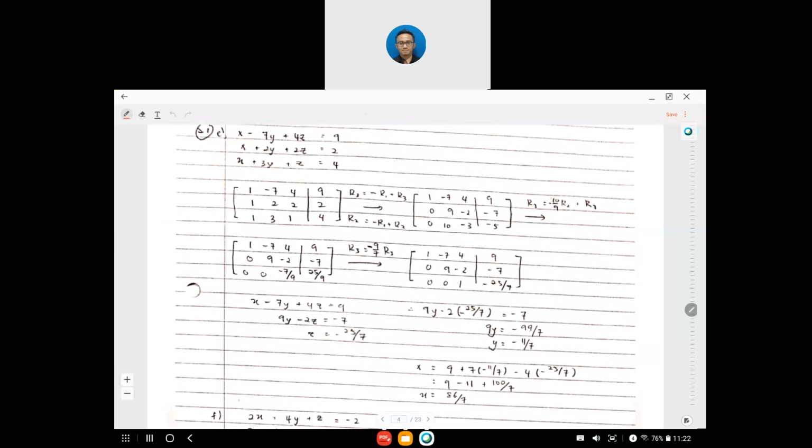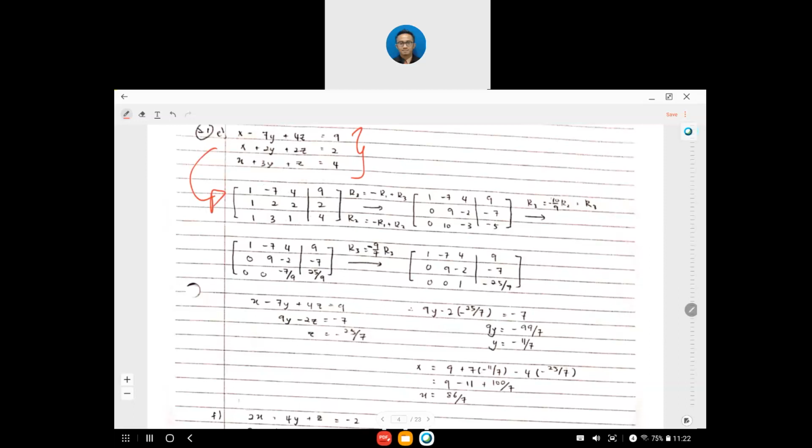Okay, question E, also the same thing. In terms of what we call a linear system, in terms of matrix, you can get 1, -7, 4, 9, 1, 2, 2, 2, 1, 3, 1, 4.